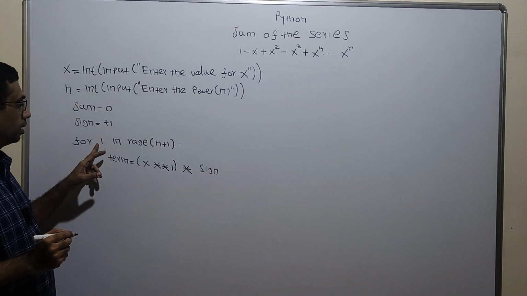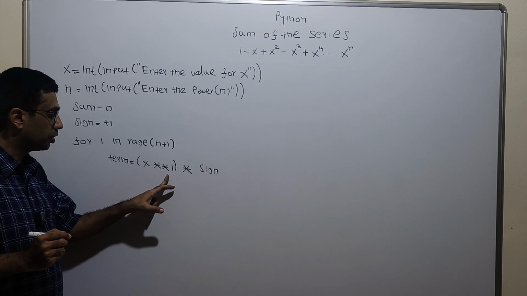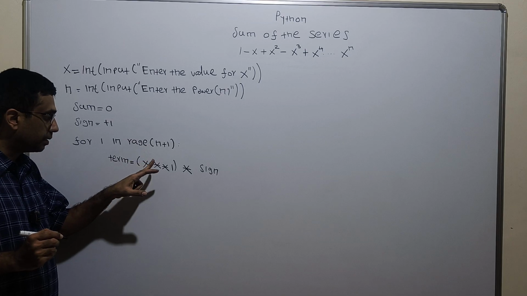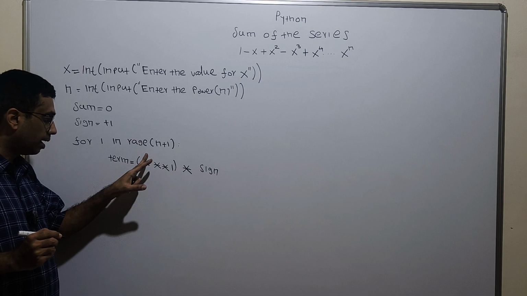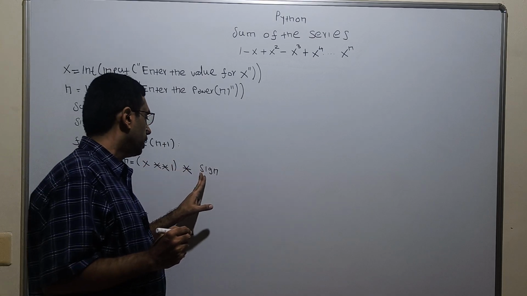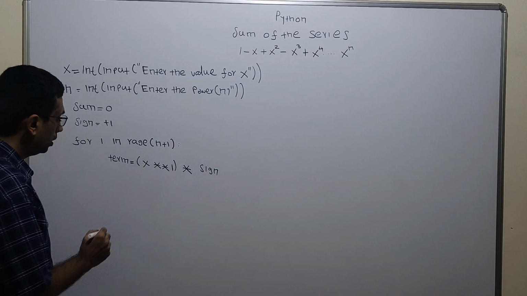So here initially I will take the value 0, x double star i. Double star is a power operator which raises x to the power of i. If I give it in the parenthesis, this will get calculated. After calculating the value, this value will be multiplied with the value in the variable sign. Initially the value is plus 1.